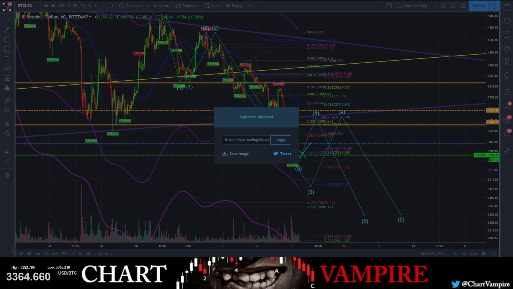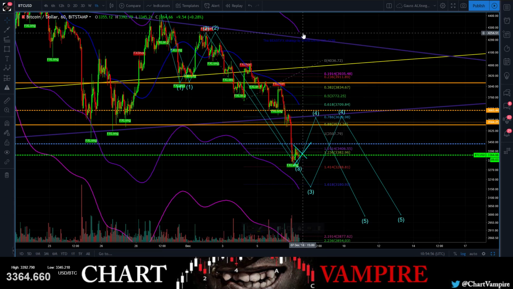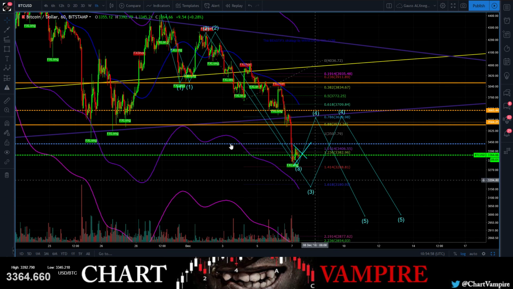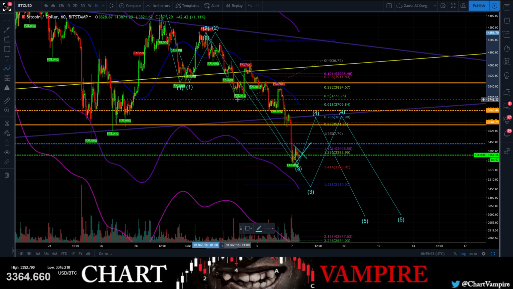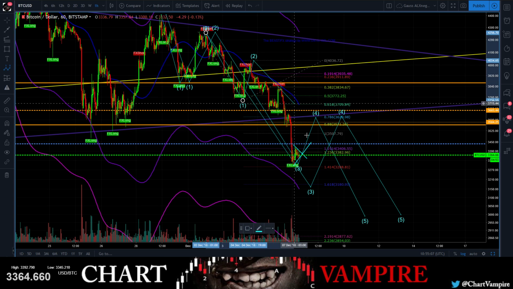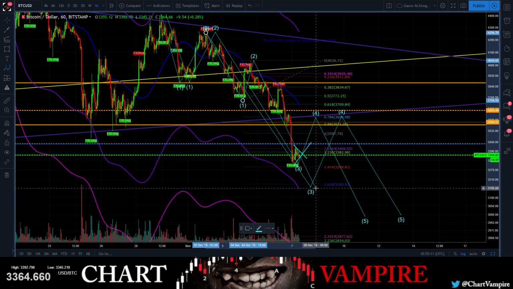Internal wave count options. Okay. So there we have that, and then if this is our internal wave right here, you're going to try to break that down, right? This looks definitely like a 1, a very difficult one. And then this is your wave 2 to 3.